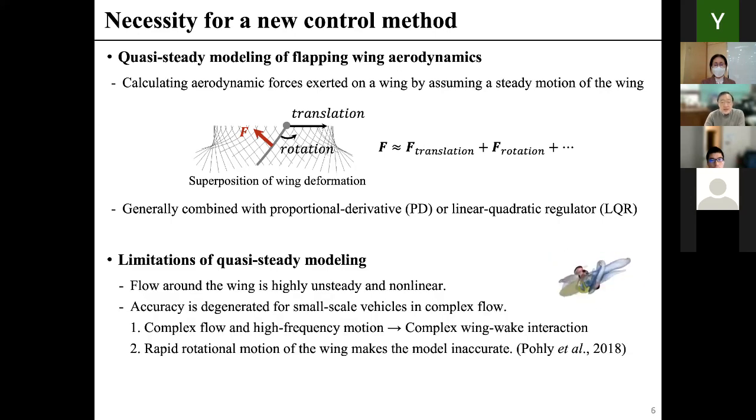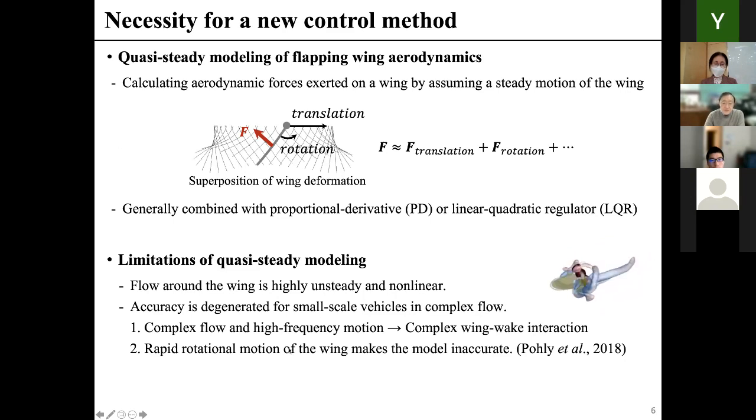But as I mentioned, if you have a much smaller scale flyer, then as you've seen in the right-hand side animation, the vortex generated by this motion is strong enough to influence the whole aerodynamic performance and the stability. And as you know, this influence is due to the vortex generation from the fluid flow, which will be highly unsteady and nonlinear.